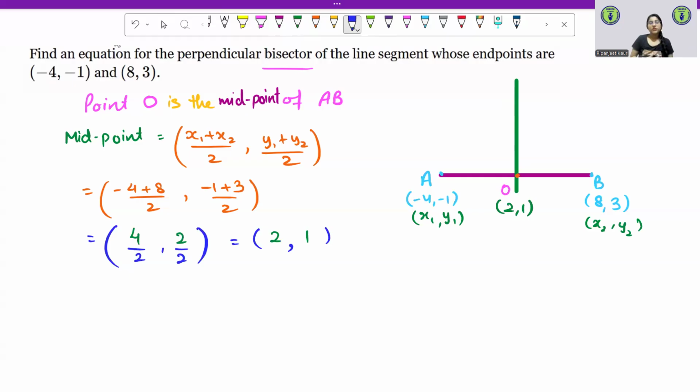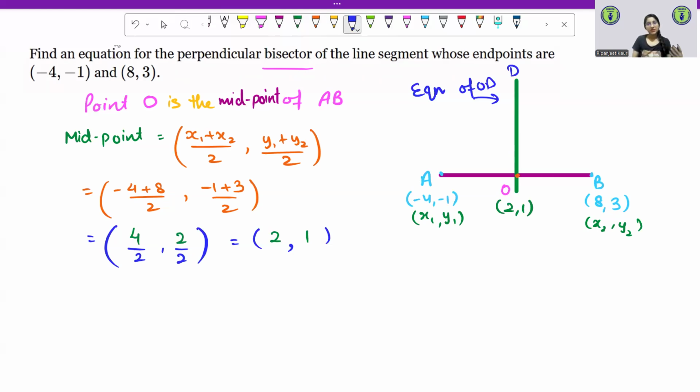After that, we know that this is a perpendicular bisector. We want to find the equation of the perpendicular, that means the equation of this green line. Let me call it OD.